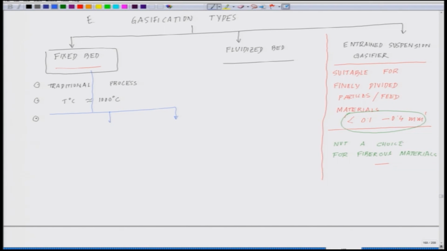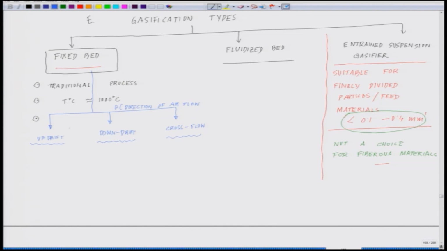Further, fixed bed gasifiers could be classified into 3 different categories depending on how the airflow is happening into the system. So, it is a function of the direction of airflow. It is considered as updraft fixed bed gasifier, downdraft, updraft, downdraft, second one, and the third one is the cross flow.